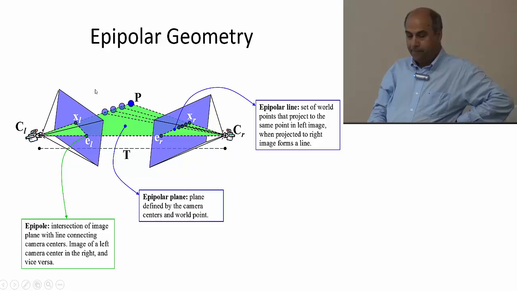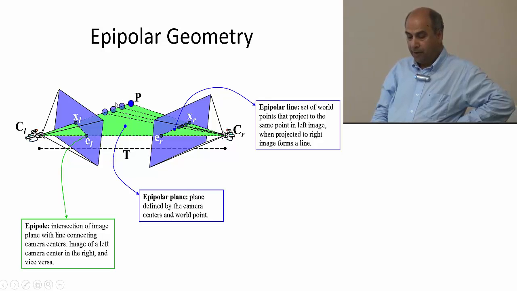Then we are saying that if I take a point in the left image, it is projected to a line in the right image, because these are the points which are along the same ray as this point. All these map to a single point. But when I look from here, these are actually different points in this image. So a point here maps to a line here. Okay?